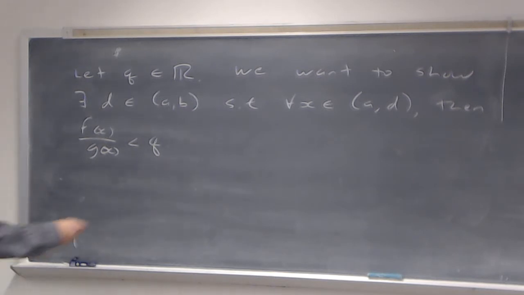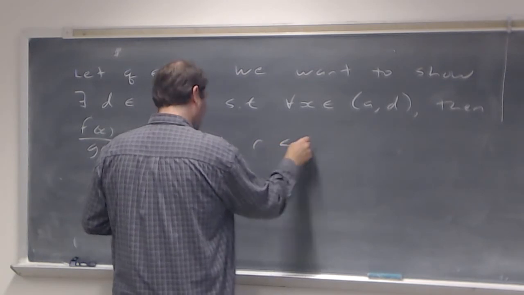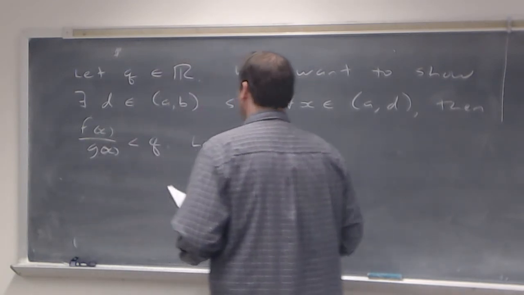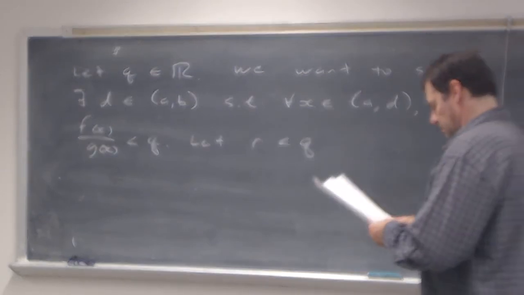All right, well, what we're going to do is let r be less than q. So pick a number. We've got a q that's a real number. We pick an r also that's less than q.